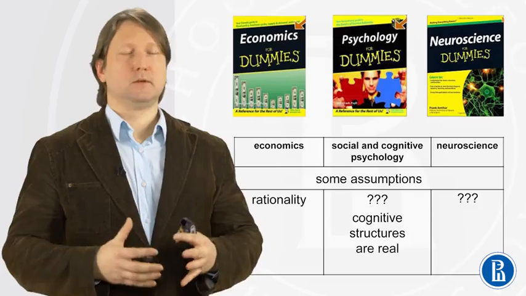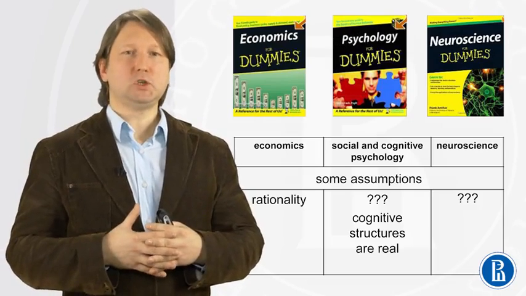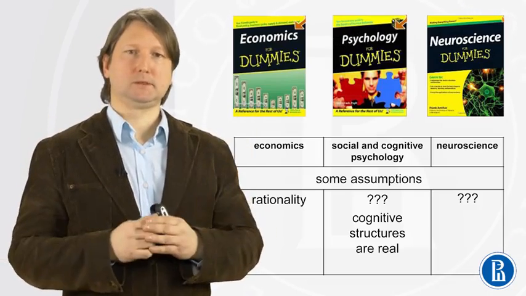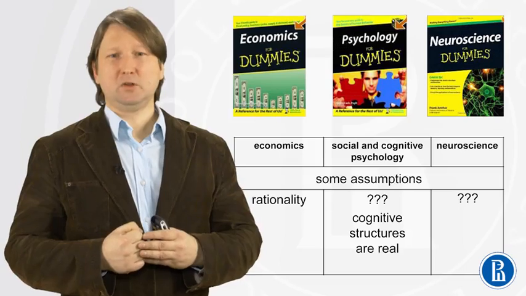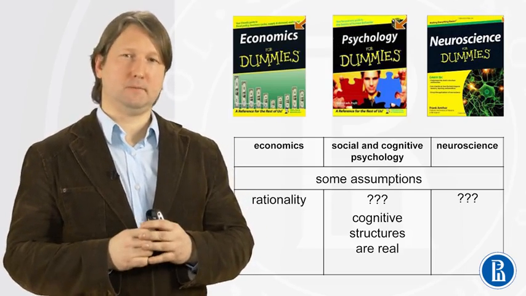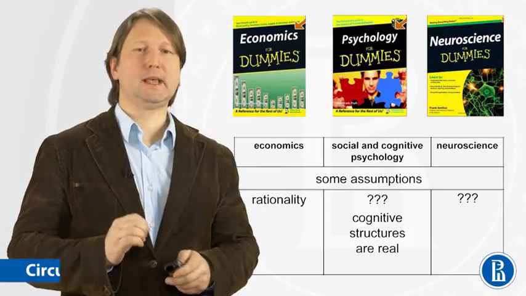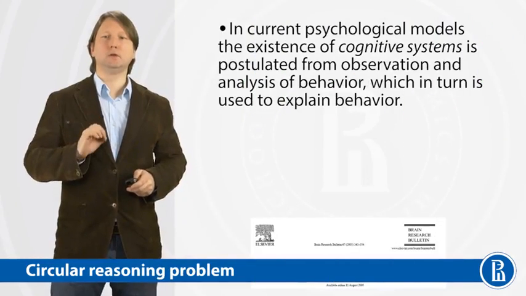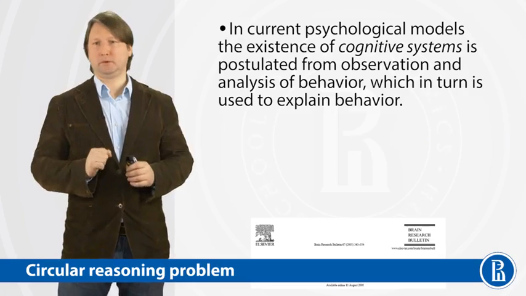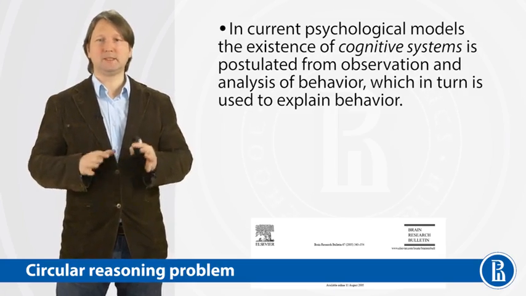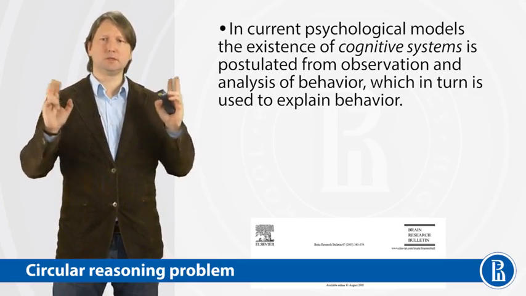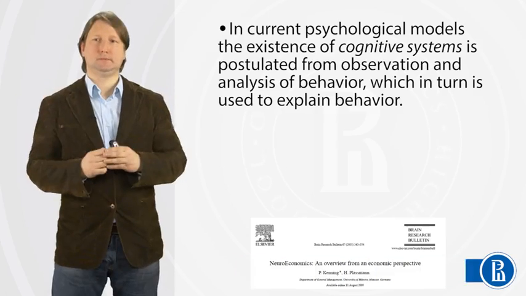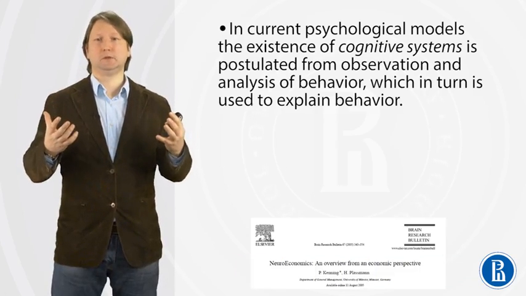So psychology many times questions the assumption of normative economics that we are rational, that we make rational decisions. But psychology itself suffers from some of its own biases. And I like the so-called circular reasoning problem criticism. Psychology investigates our behavior, and based on our behavior suggests some cognitive processes, cognitive systems that can modulate our decisions.